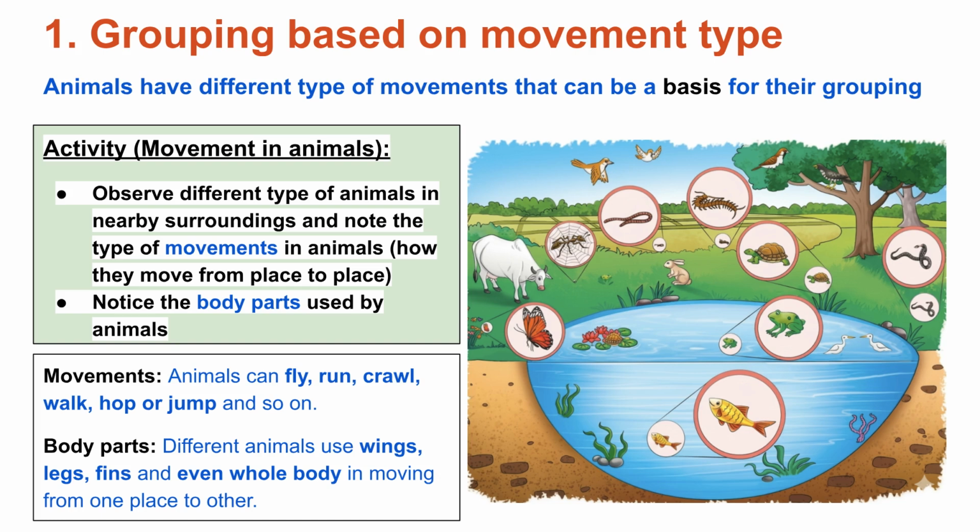So as you can see in this figure, when we go to any garden, we observe different types of animals like cows, butterflies, birds, rabbits, fishes in the pond, or sometimes maybe earthworms. So we can say that the movements generally involved are flying, running, maybe crawling on the ground, walking, jumping. And the body parts used by animals are either wings, as we see in butterflies, legs, as we see in cows, fins in fishes, and maybe the whole body for the earthworm.